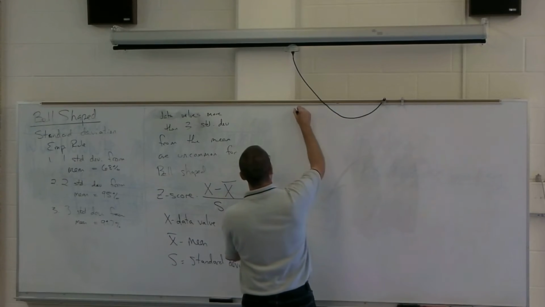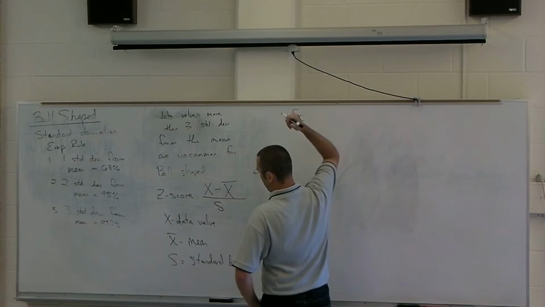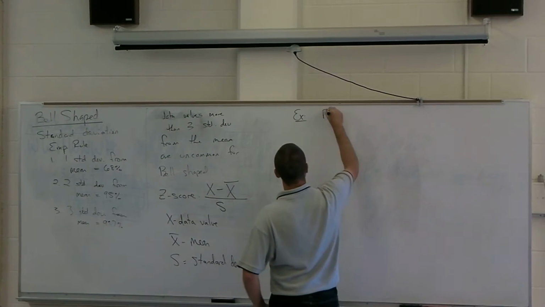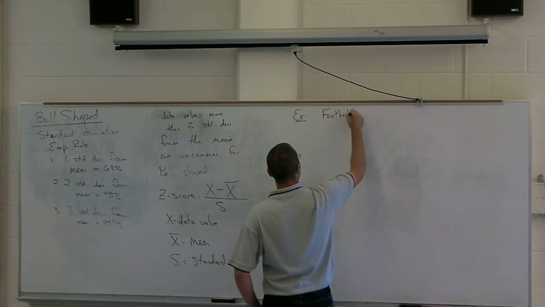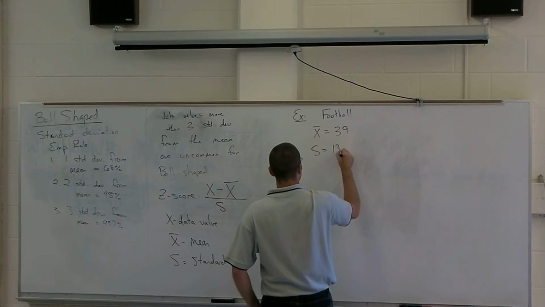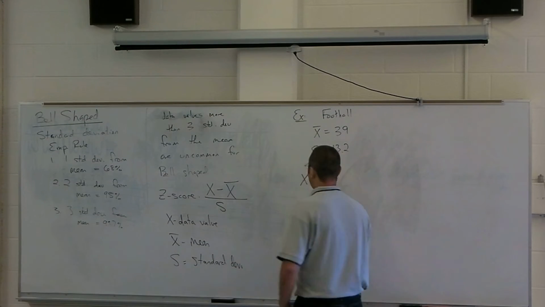Okay? As an example, let's just calculate one real quick. For the football data that we had, x bar was 39. Our s was 13.2. We had a data value of 85.